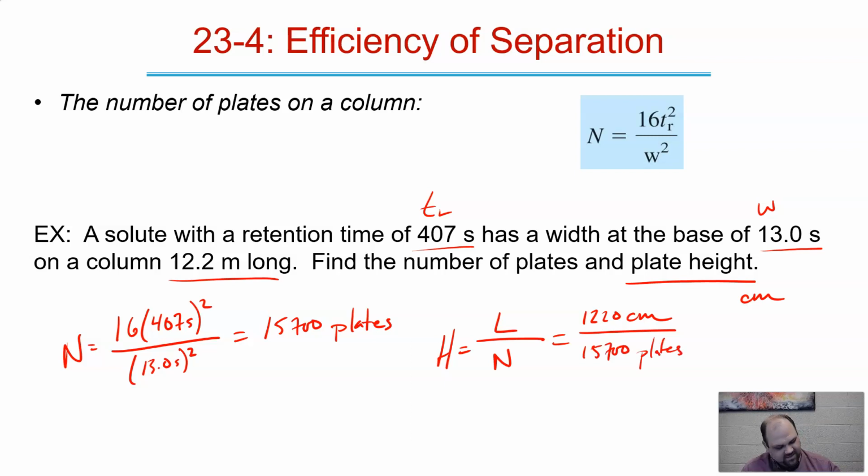And so we get a plate height of 0.0777 centimeters, or we could put that as 777 microns, however you want to talk about it, right? The centimeter is the unit that I'm most familiar with seeing.